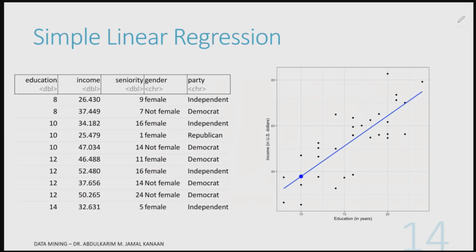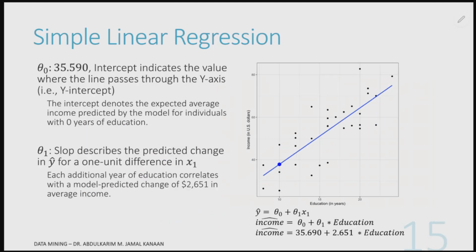Let's look into this example. Let's say we are interested to map between education and income. So we collected data for education and we have income on the Y. So this is Y, this is X. After mapping, after finding linear regression, we found that income equals 35.69 plus 2.651 of education.